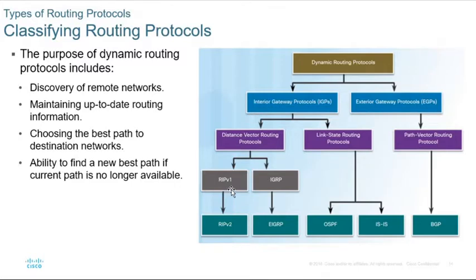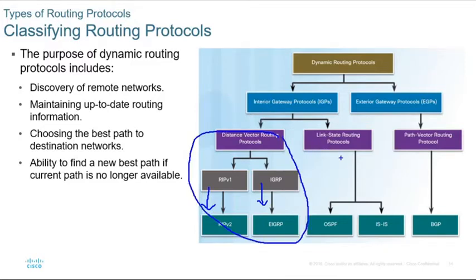RIP v1 has evolved into a much better classless routing protocol, which is version 2. IGRP, on the other hand, has evolved into a much better version, the enhanced IGRP. So this is under distance vector routing protocols.